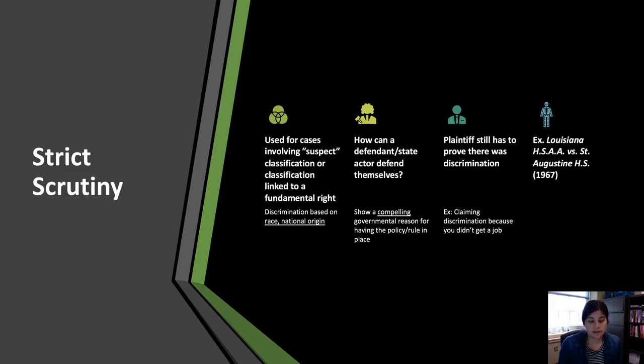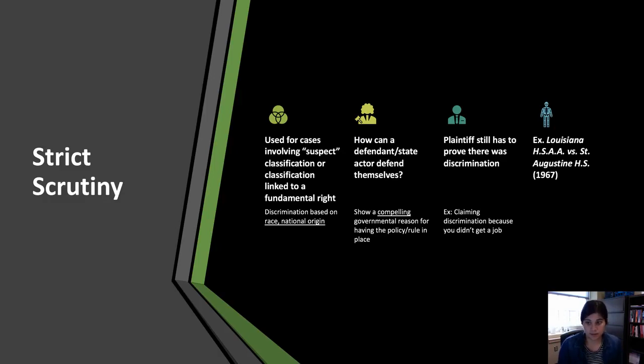The High School Athletic Association required a 2/3 vote from its member schools, so the schools that were already members of the association. Keep in mind that predominantly the existing members of the association were white schools. This is in the late 60s when integration is still happening across the country.